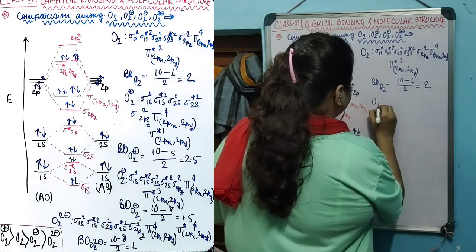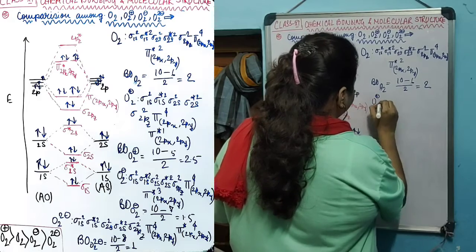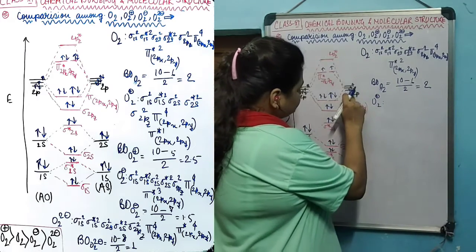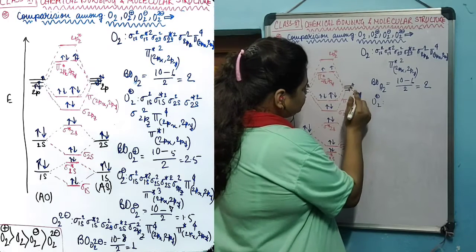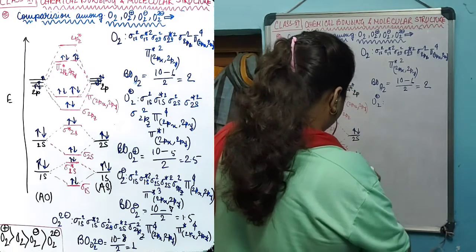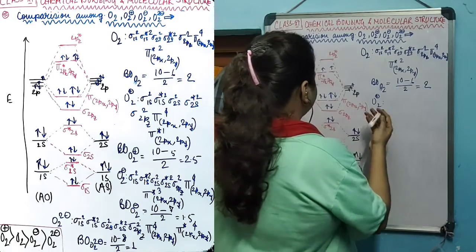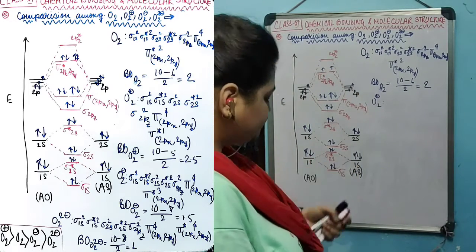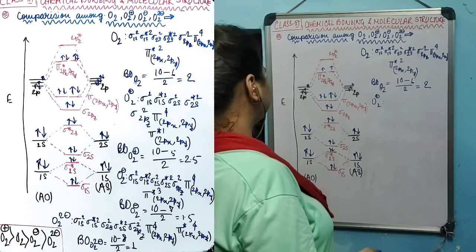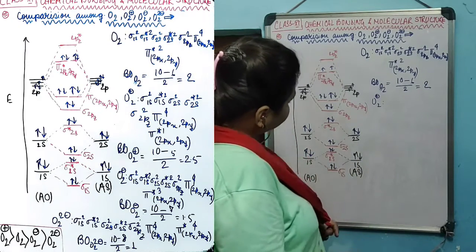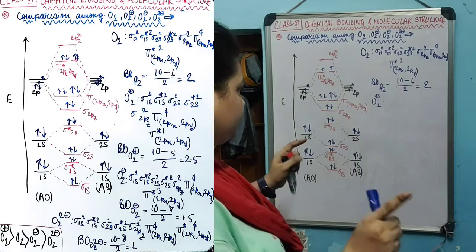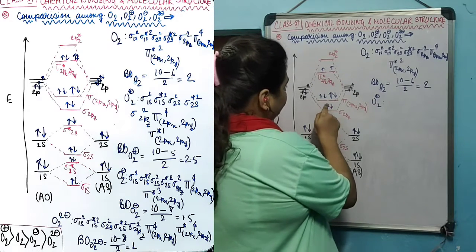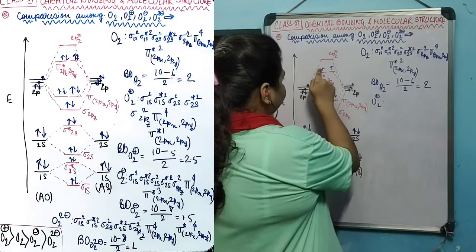Let's construct O2 plus species. For O2 plus, from the second atomic species I am going to remove one electron, creating one electron less in this species and a positive charge. That means 15 electrons: 1, 2, 3, 4, 5, 6, 7, 8, 9, 10, 11, 12, 13, 14, 15.